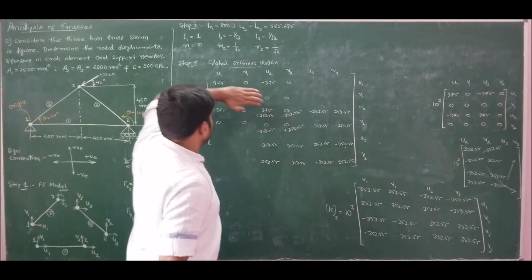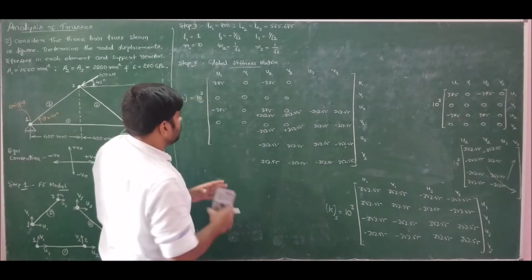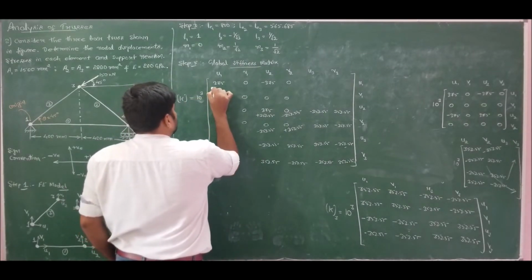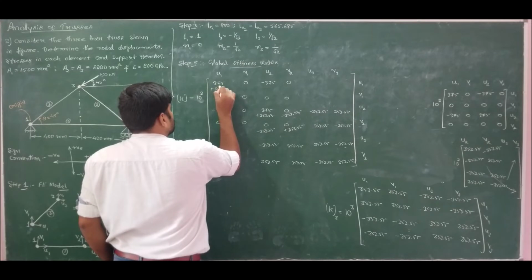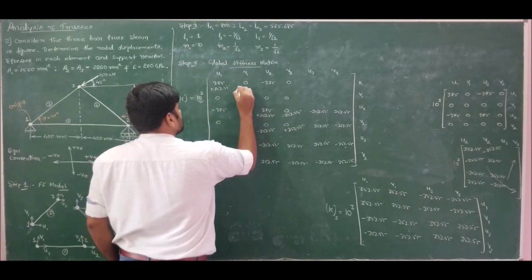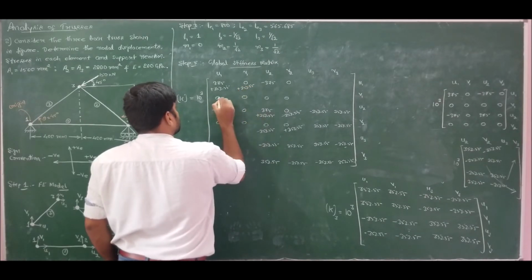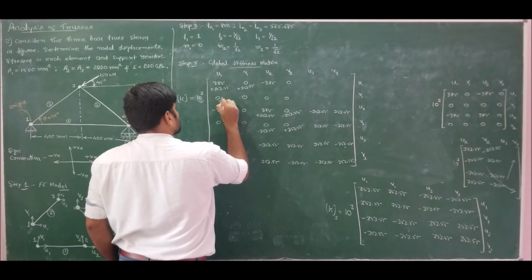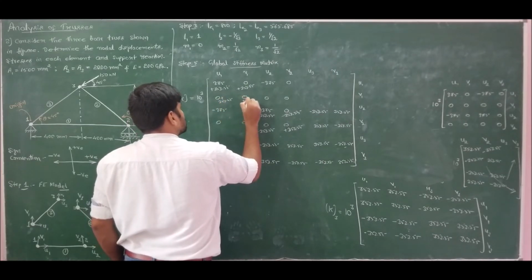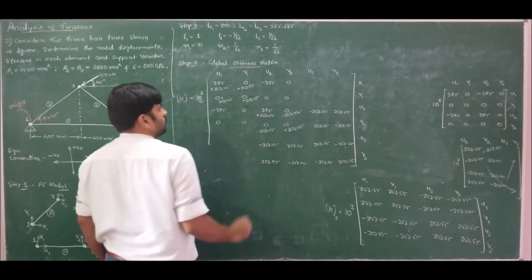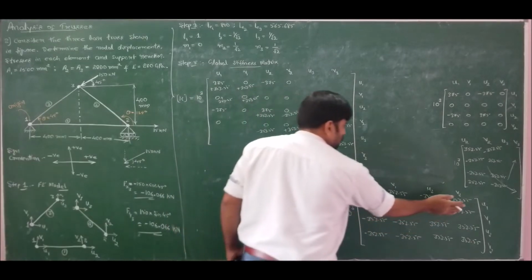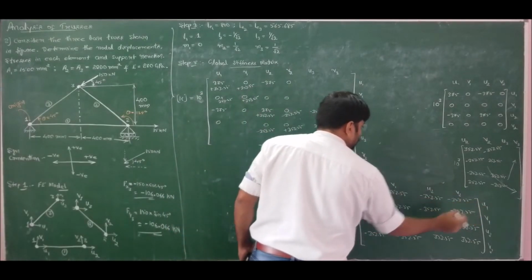So these 4 will get added to this one, u1 v1 cross u1 v1. So therefore plus 353.55 plus 353.55 plus 353.55 plus 353.55. Next, if I go for these 4, it is u3 v3 plus u1 v1.